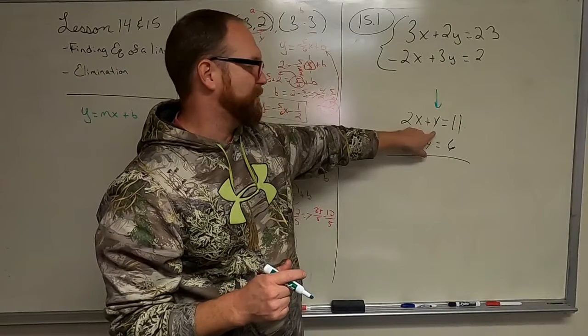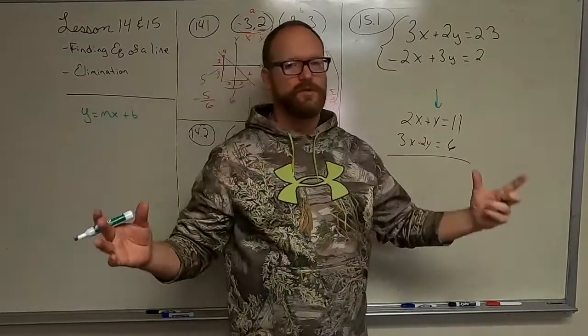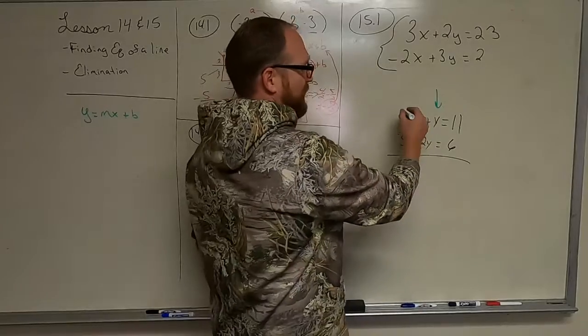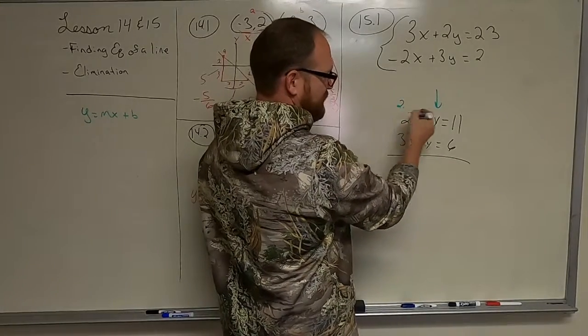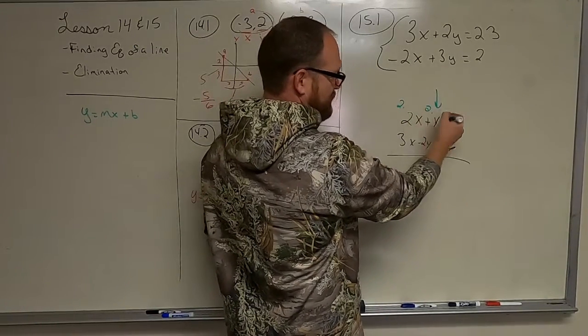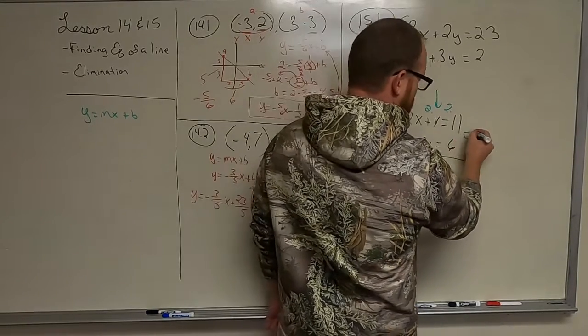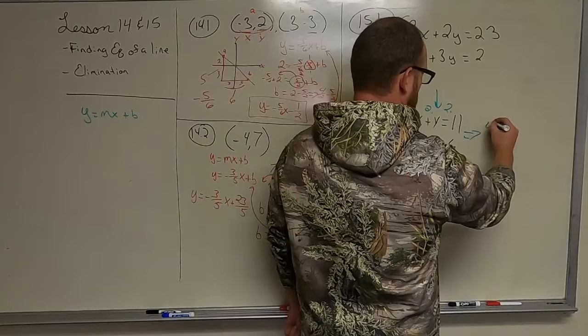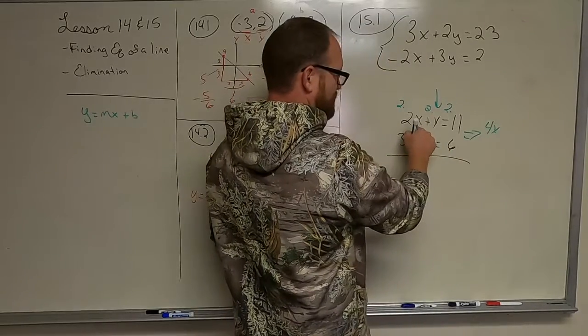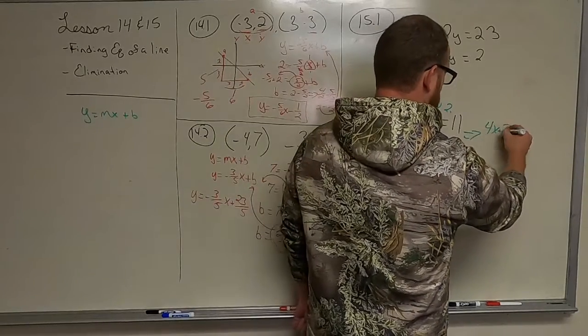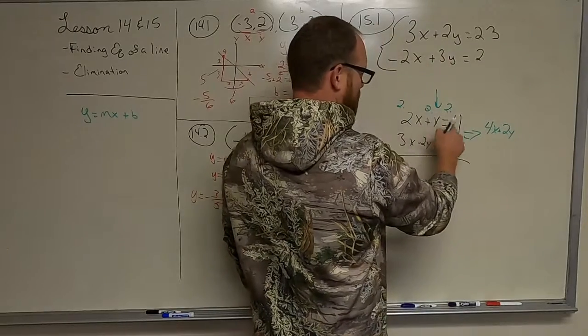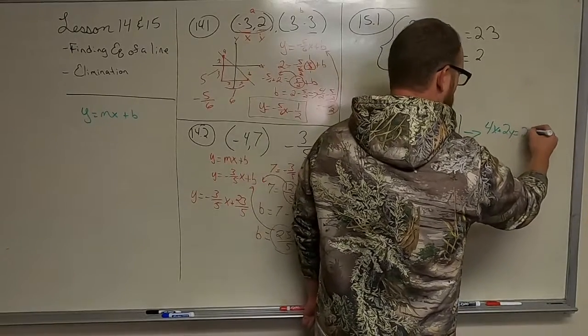But if we multiply this y by 2, we have to multiply everything by 2. So we have to multiply this by 2, this by 2, and this by 2. So what happens is we get the equation 4x, because 2 times 2x is 4x, plus 2y, because 2 times y is 2y, equals 22.